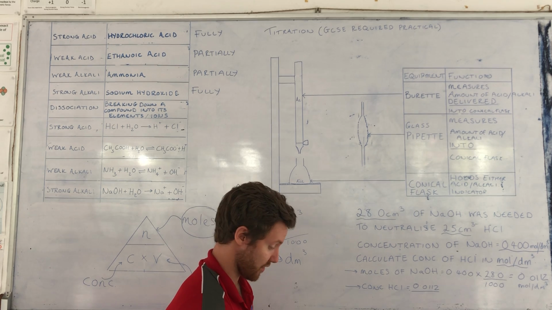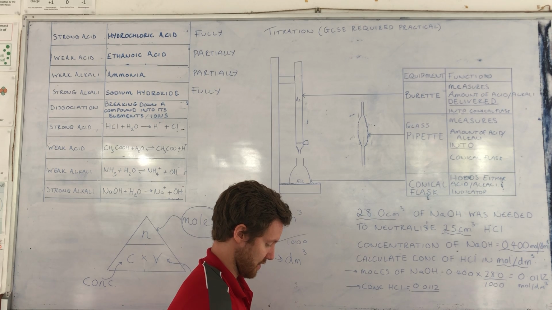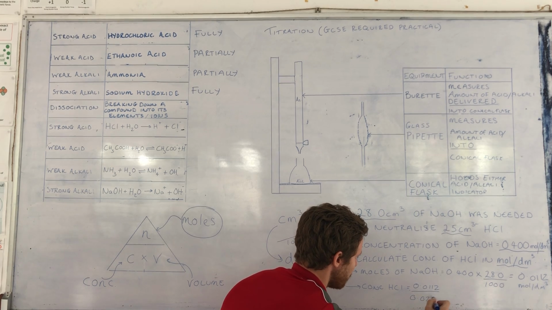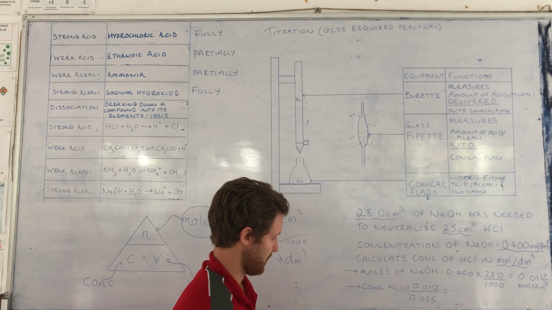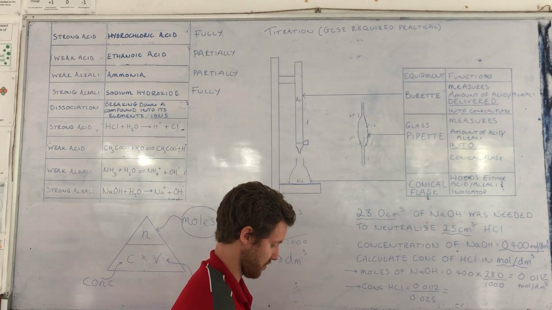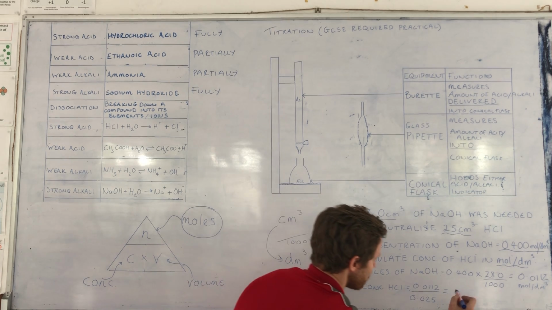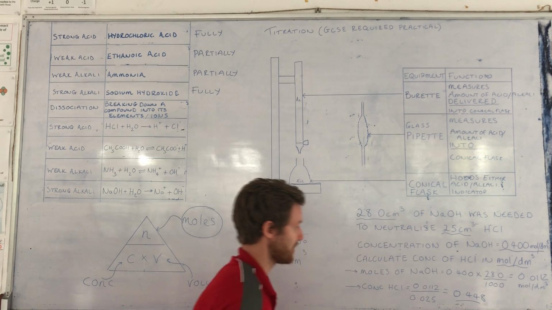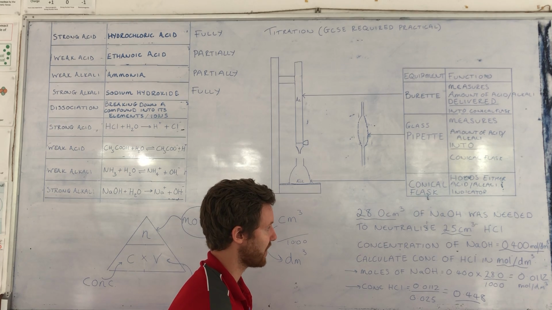So let's convert that, don't forget. 0.025. 0.0112 divided by 0.025. What is our answer? So we are having 0.448 is our answer. About 3 marks so far.